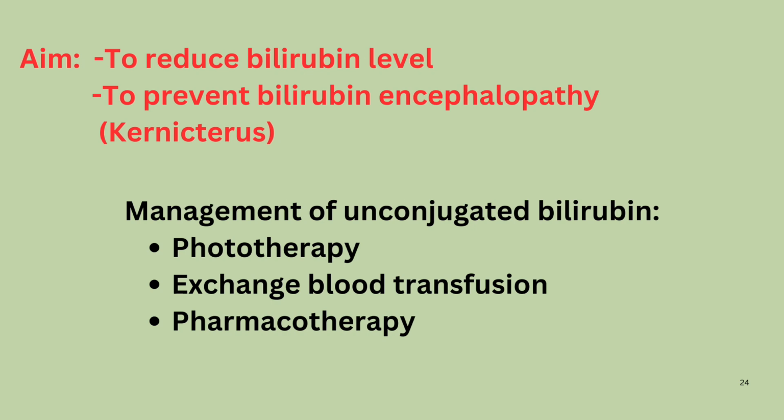It is a type of brain damage caused by bilirubin, where bilirubin crosses the blood-brain barrier and causes damage to brain and spinal cord. In a simple way, kernicterus is the complication of hyperbilirubinemia.